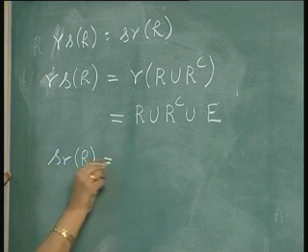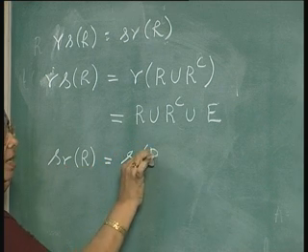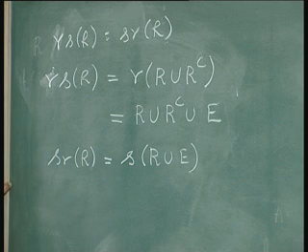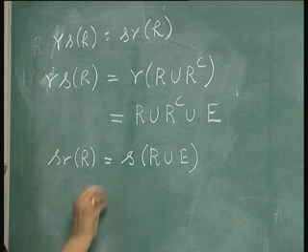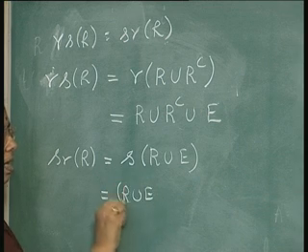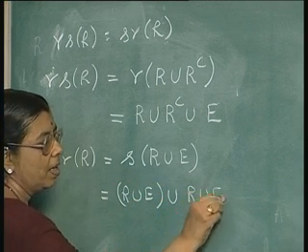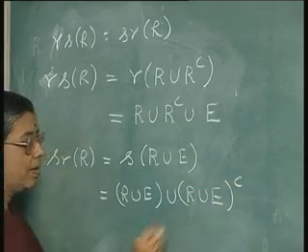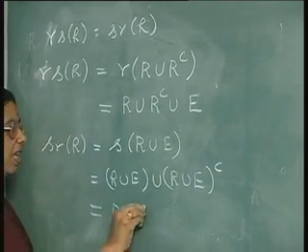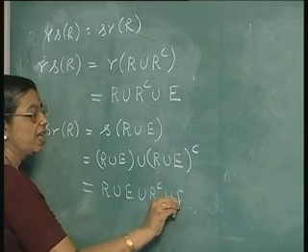SRR is the symmetric closure of RR, which is R union E. This is equal to R union E union (R union E)^C, that is R union E union R^C union E^C.